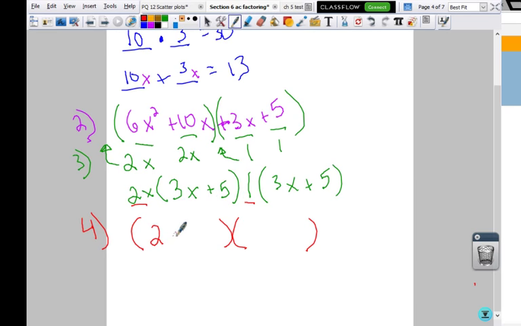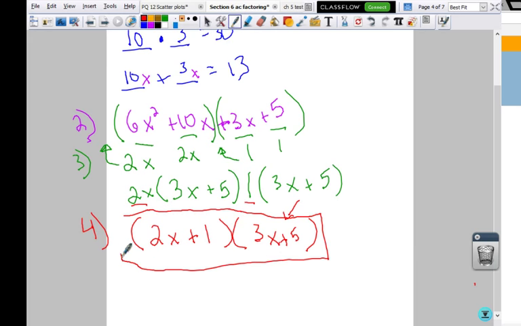I'm gonna go 2x and then plus 1 because that's positive. My second answer, since I have 3x plus 5, it's 3x plus 5. And this is my final answer. We have gone through and solved it. As long as you follow your steps, it's time consuming, but it's not super difficult.